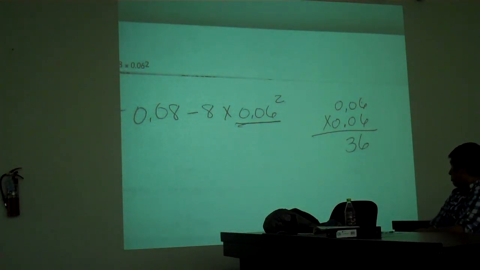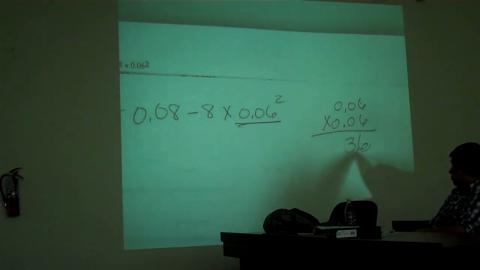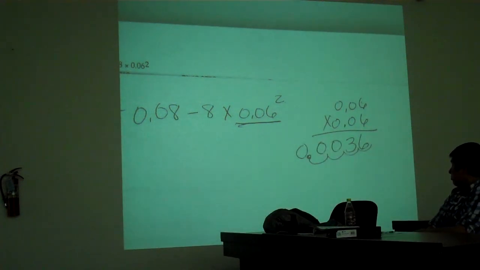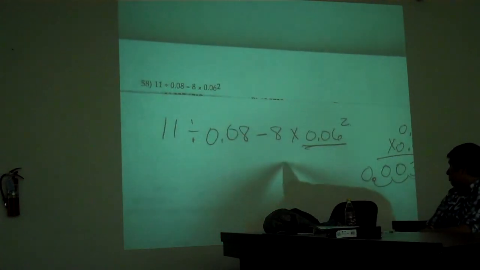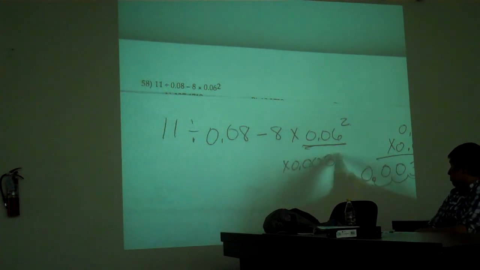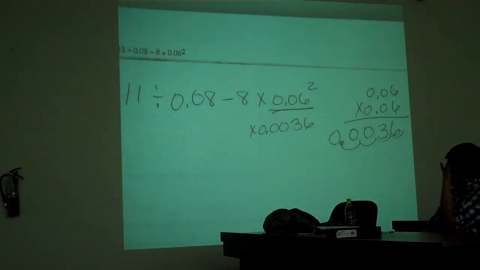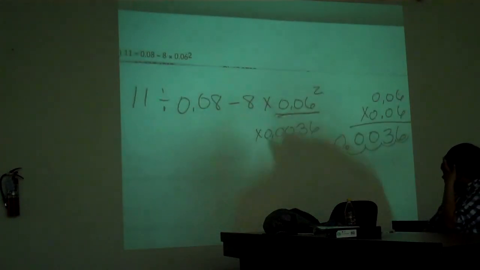You have 4 numbers behind your decimal, so move it back. 1, 2, 3, 4. So you have times 0.0036. Rewrite everything.